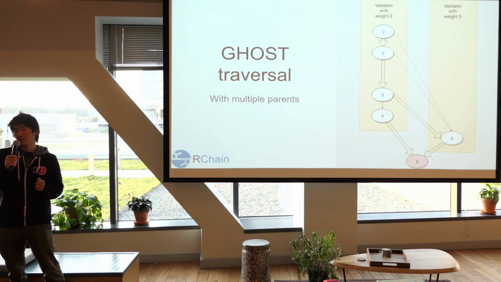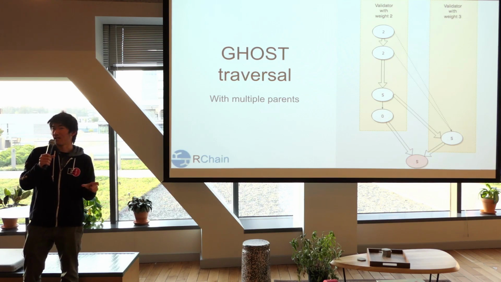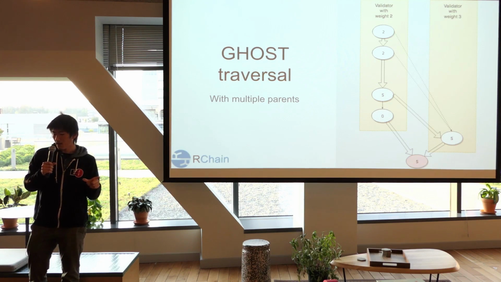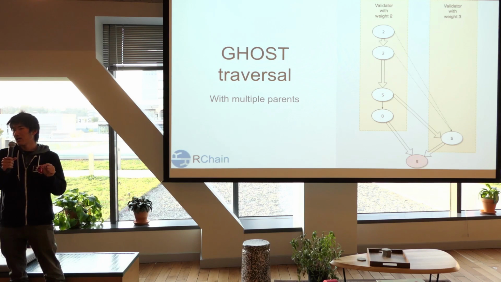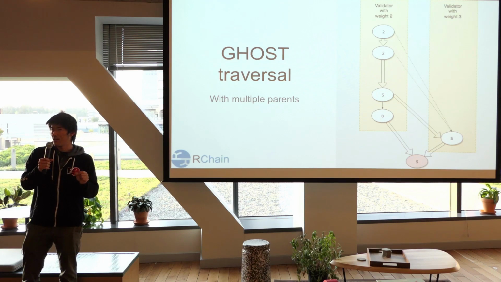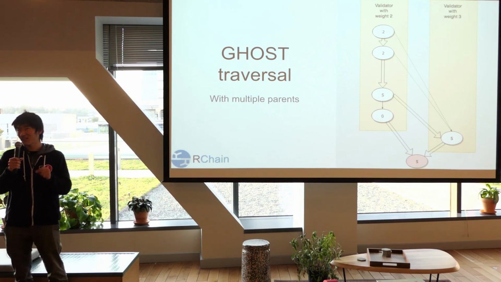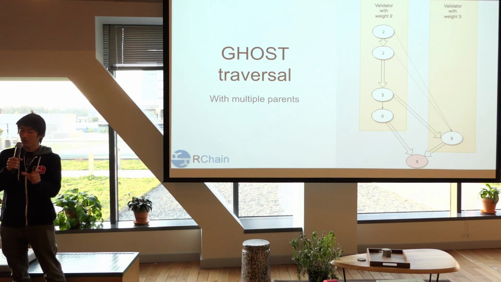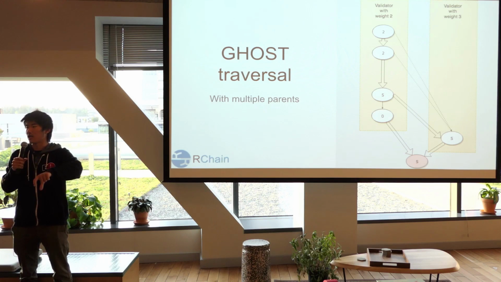In fact, because of the way the graph is aligned, I would like to say it's O(n) squared, but it's not necessarily the case that you have to go through each edge, if that makes sense.